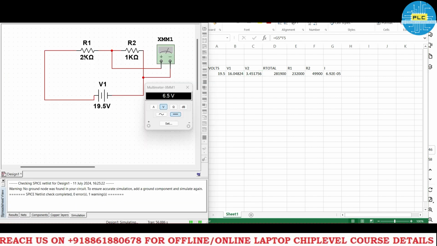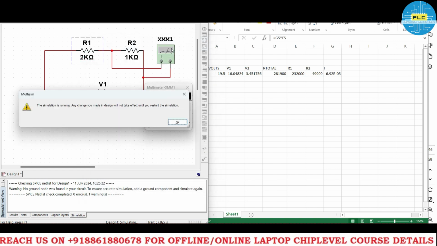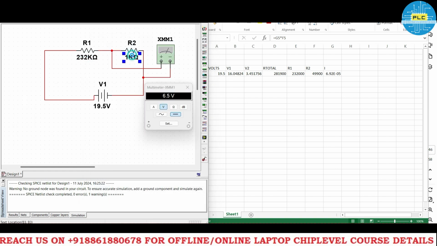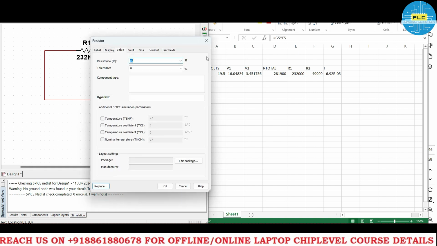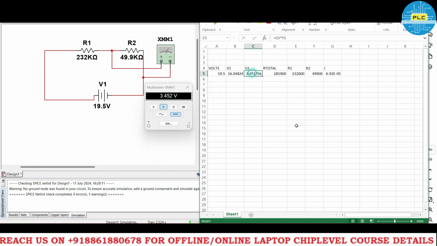Can we check once? See here, I will change R1 as 232K and R2 is 49.9K. Now what will be the result? See, 3.45. Exactly 3.45 we will get. Now the second schematic.